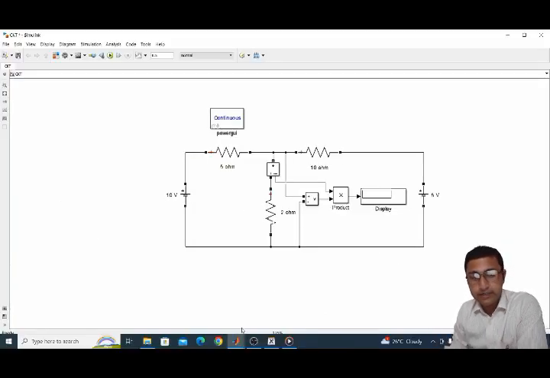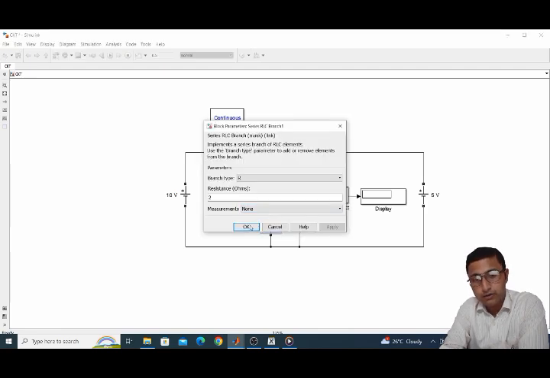this is the same circuit and the 2 ohm is the load resistance. Across this I have measured the load voltage and the load current. If I simply multiply the load voltage and load current, I will get the power. First the load resistance was set as 2 ohm as per the problem.